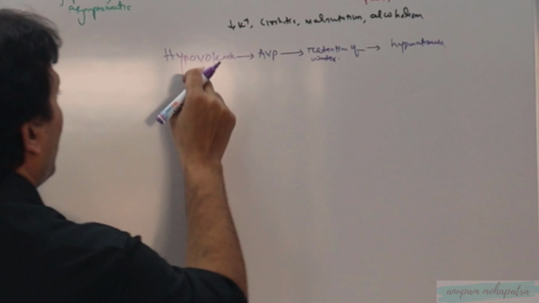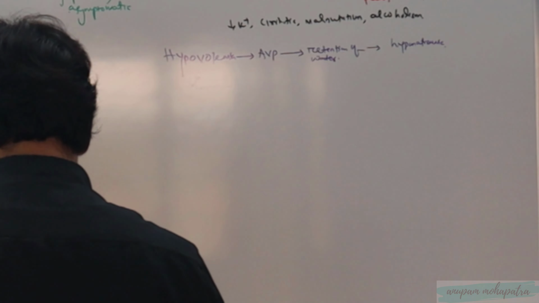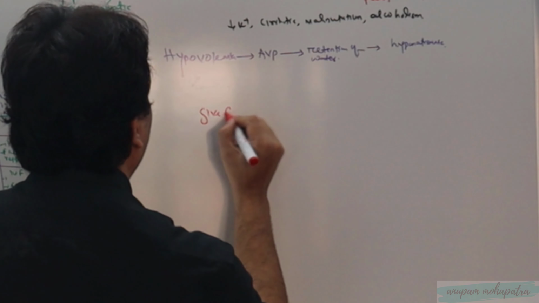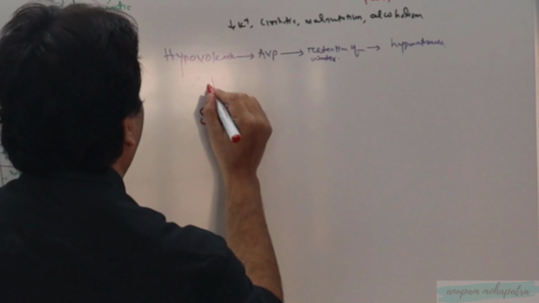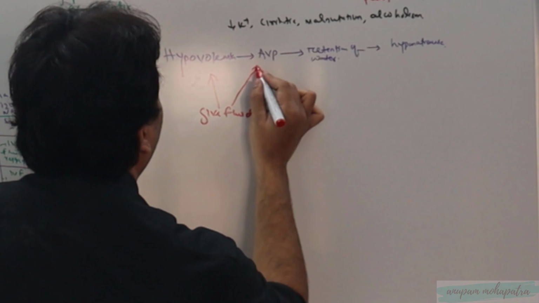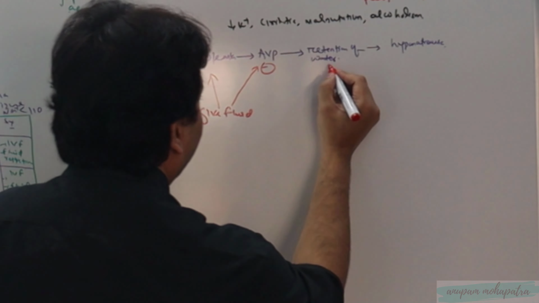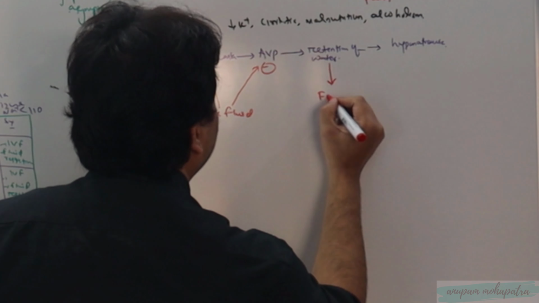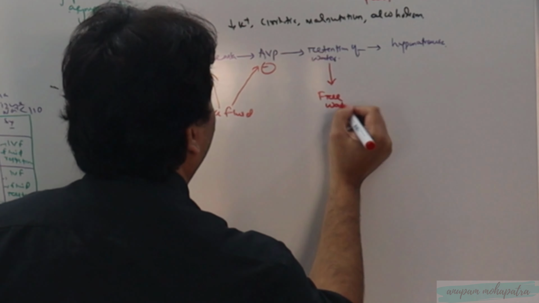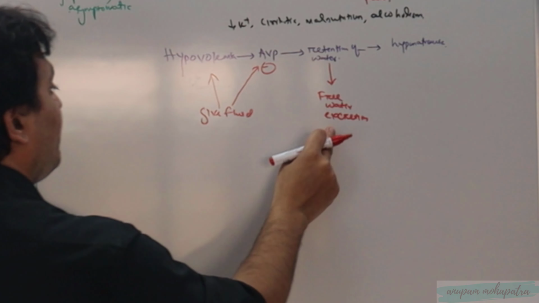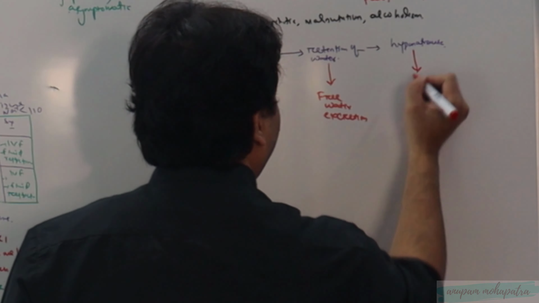Now what happens when you treat the hypovolemia? You give fluid to the patient. Right? Now what will happen? It will shut down the AVP. Right? When you shut down the AVP, what will happen? There will be free water excretion. And when there is free water excretion, the sodium will correct acutely.